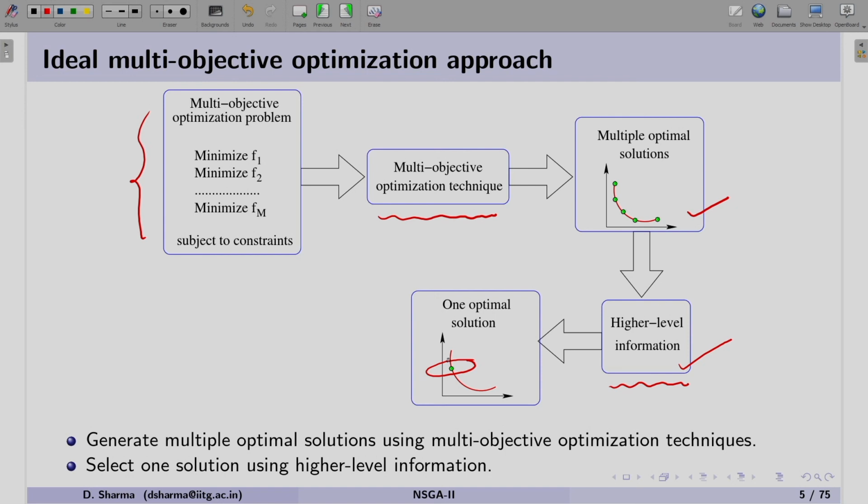As we know that EC techniques are population based techniques, these techniques can very well fit into the ideal multi-objective optimization approach that can generate multiple solutions on the Pareto optimal front.